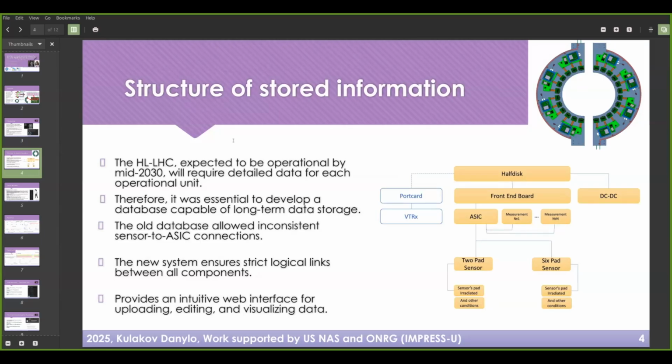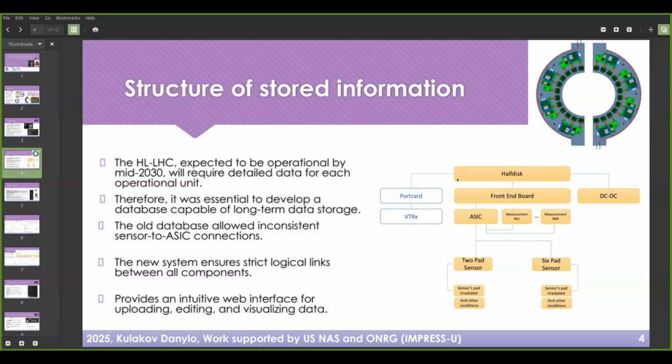Okay, about the structure of information that we store in our database. You can see here that we have half disks, and it's the top part in our connected graph.